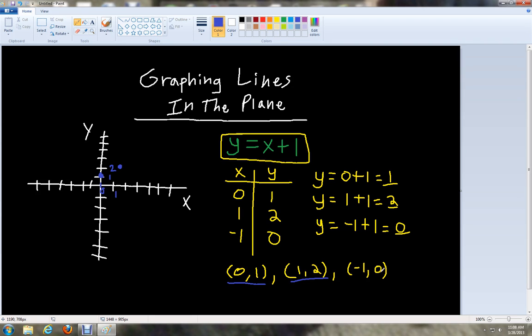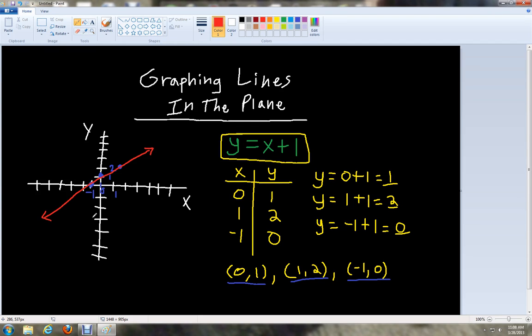Negative 1, 0 will be 1 to the left, and then 0 for y, so we're just on the x-axis. There's our last point, negative 1, 0. Once we connect the points, we should have what looks like a straight line.